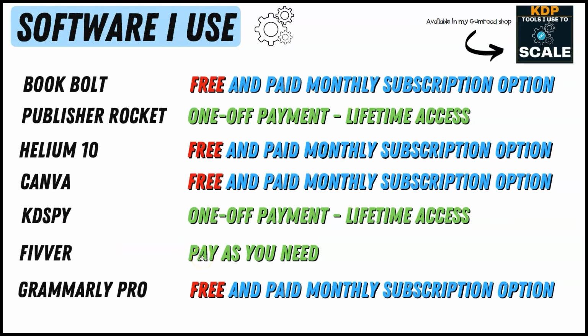Fiverr, you might have heard of Fiverr before if you want to do book creation or a lot of other things. You can outsource people, so it's pay as you need. And then Grammarly Pro, there is a free version, but there is also the paid monthly subscription option, which I use for ensuring that my books are as good as I can make them in regards to grammar, and I use it for my descriptions as well.